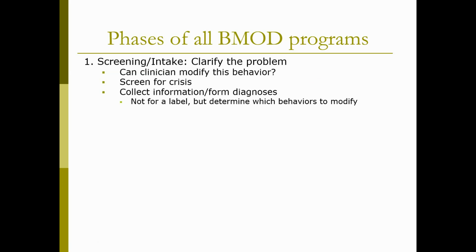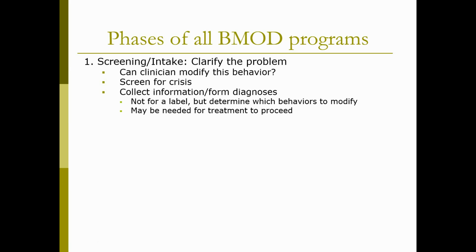So now, again, the clinician is not interested in a label, but trying to figure out which behaviors are needed to be modified. Also, depending upon what's happening with respect to insurance, a diagnosis may be needed for treatment to proceed.